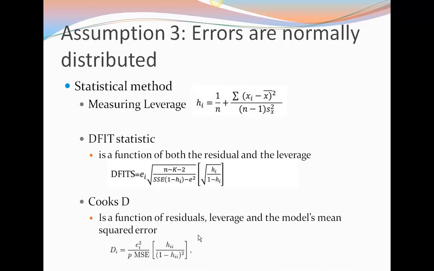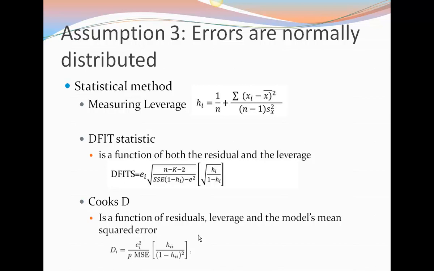The statistical measures, on the other hand, I have 3 of them: leverage, the D-fit statistic, and then Cook's D. So leverage measures how far an observation is from the others in terms of the independent variable. It's high if it's greater than 2 times the quantity k plus 1, where k is the number of independent variables, divided by n.